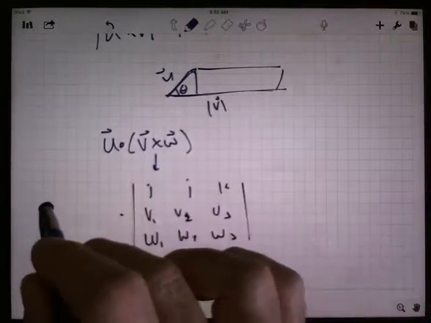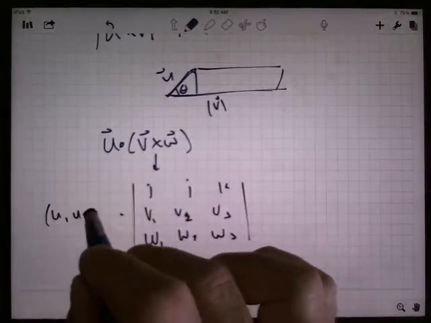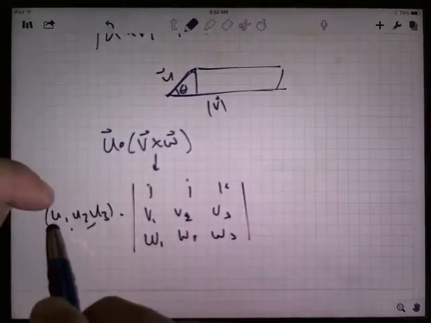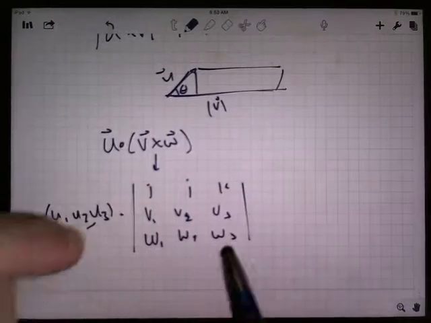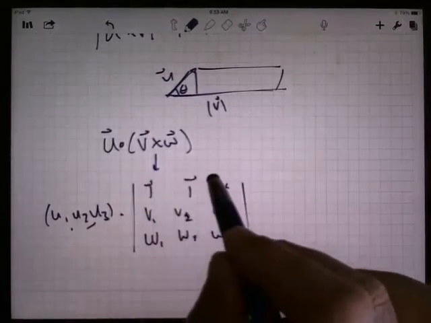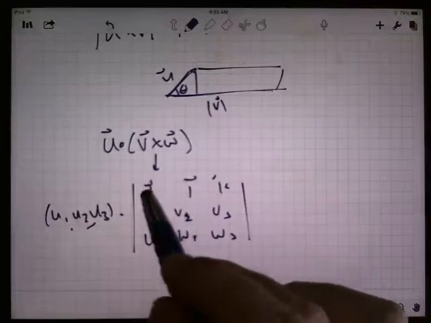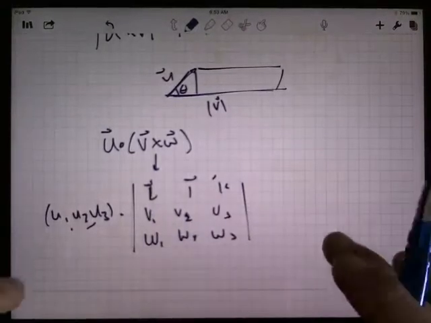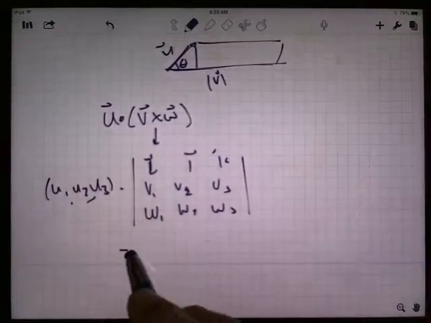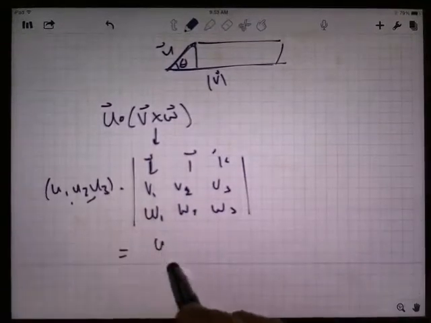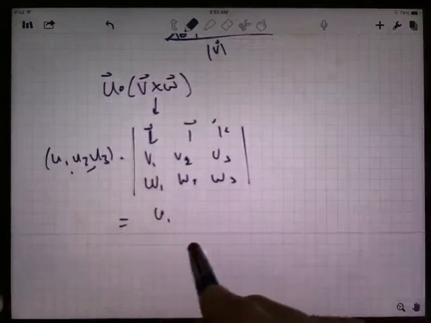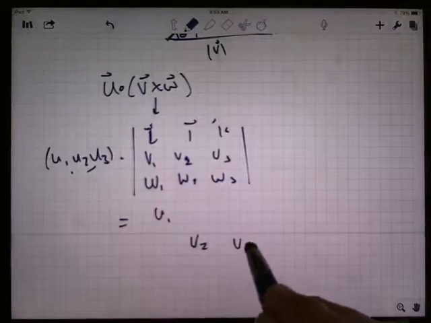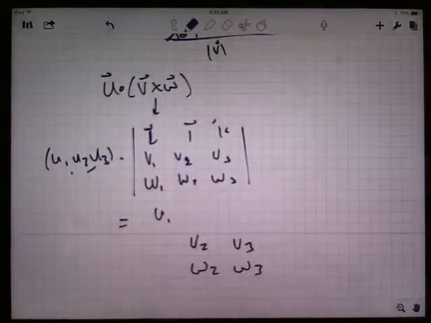And with the dot product with U1, U2, U3, the dot product is calculated as the first component here times the first component there. Well, the first component here, these are all vectors, is, actually that should be an I times this little subdeterminant. So that's the same thing as putting a U1 right there, and then you're going to multiply that by this little subdeterminant, V2, V3, W2, W3.